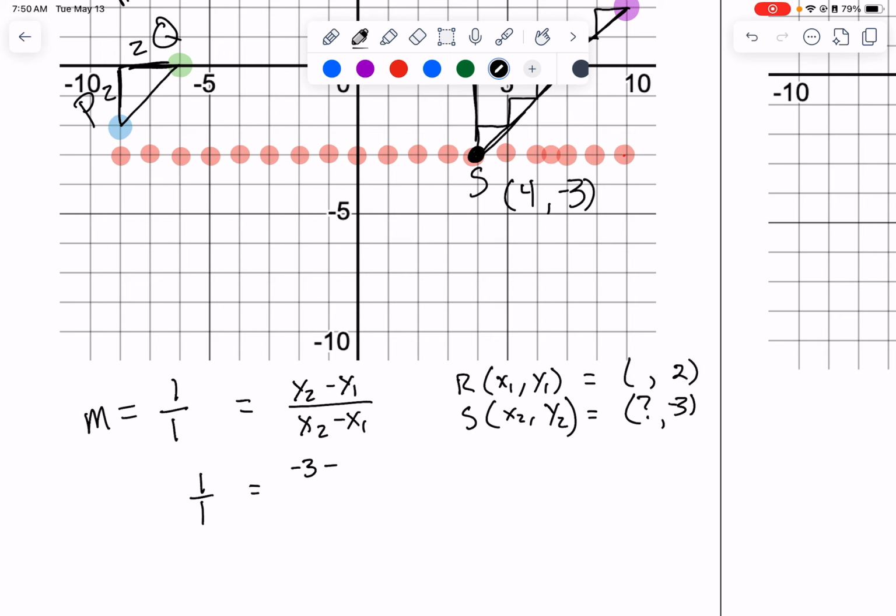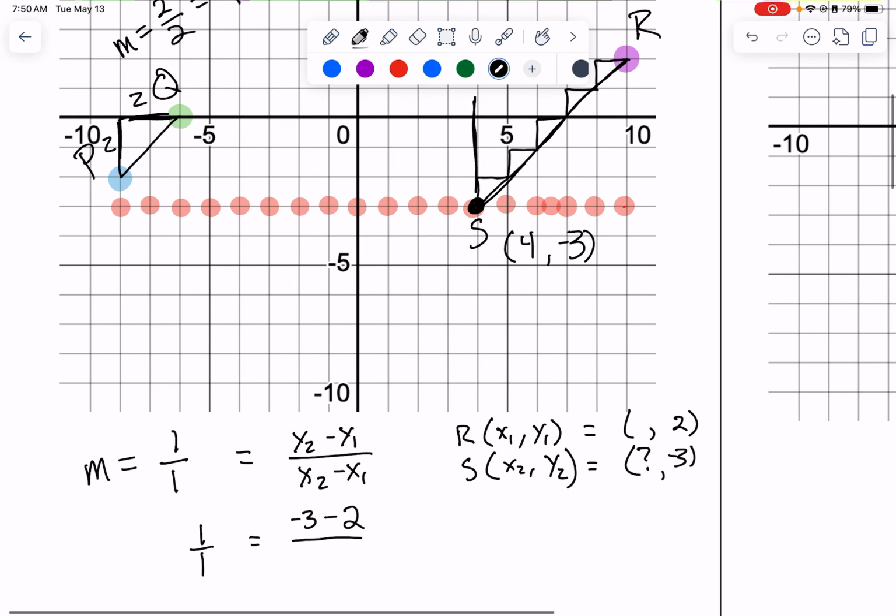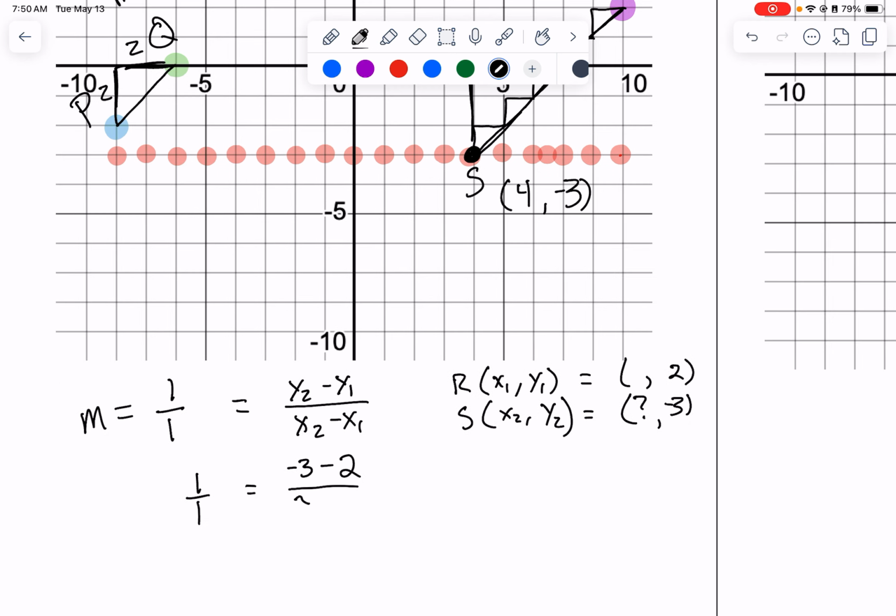So that's going to be -3 minus 2 there. And let's see what else we have. So that's our y values. -3 minus 2 is 5. And now for our x values, we have a mystery, which we don't know, so I'll still call it x2, and minus our x1, which was 9.